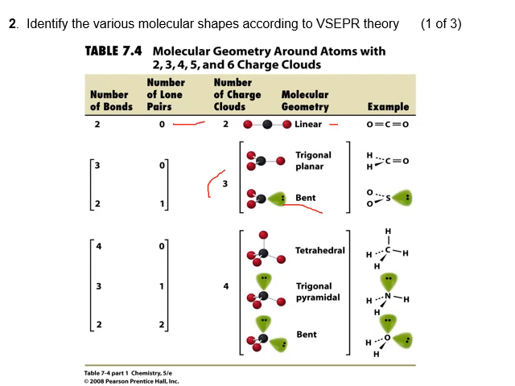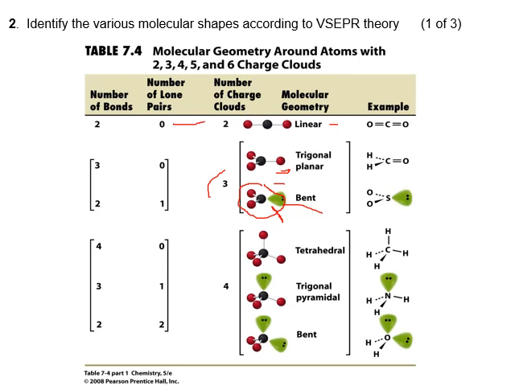So it's planar because these things are in one plane, and it's trigonal because there are three charge clouds in that arrangement. But if you remove one of the atoms, as we've done here, we've replaced this atom here with a lone pair here, then we no longer have a shape of the molecule that's trigonal planar. It's now bent. So, but if they asked for the electronic geometry of this, it would still be trigonal planar because you would count the lone pair for that one, but you don't count it for the molecular shape.